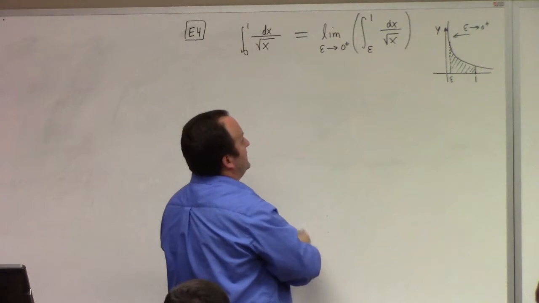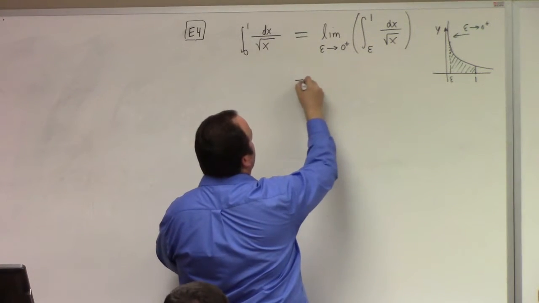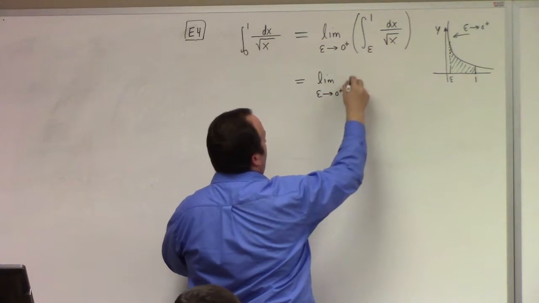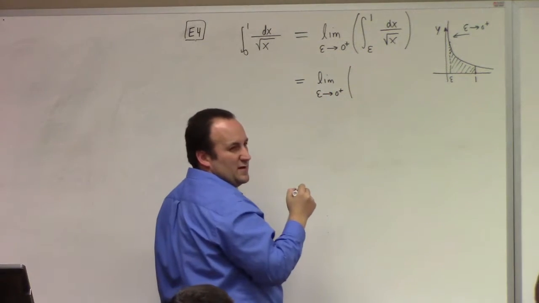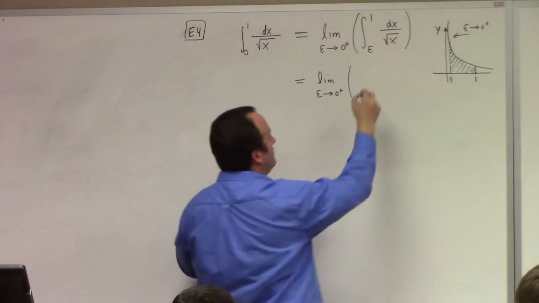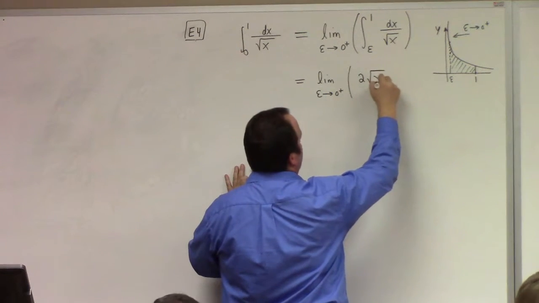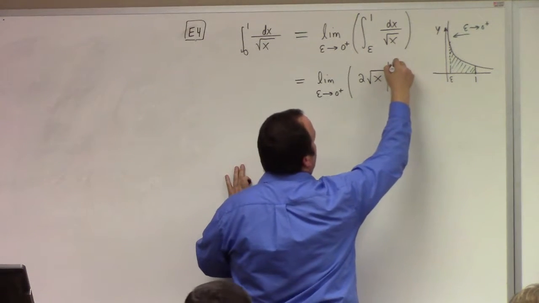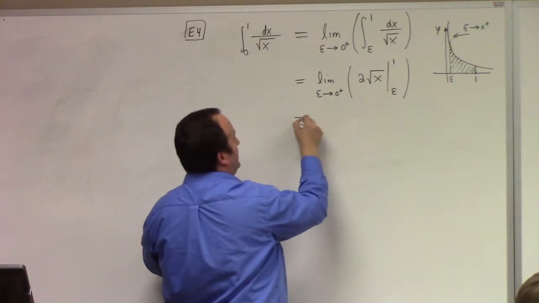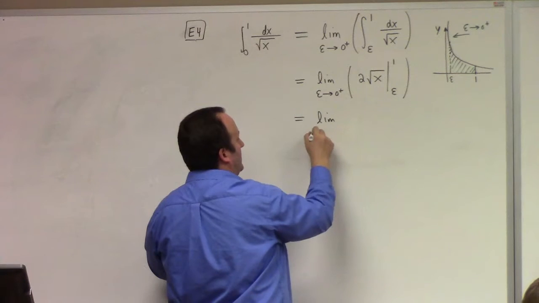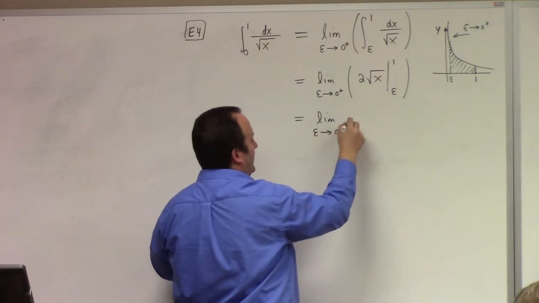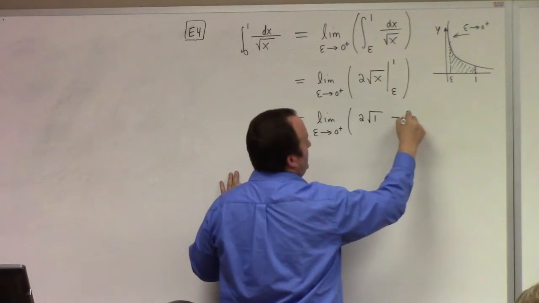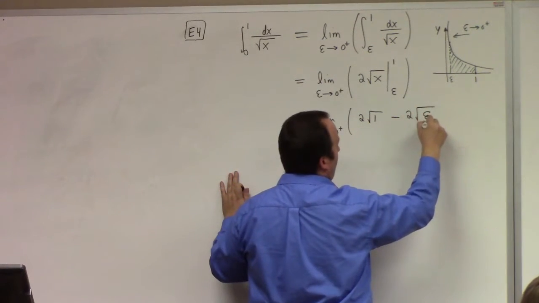Then we do the calculation. What's the integral of 1 over the square root? I think it's twice the square root, right? 2 times the square root of x, and I'll put an in-between step here. I have to evaluate from epsilon to 1. So that's the limit as epsilon goes to 0 from the right of 2 times the square root of 1 minus 2 times the square root of epsilon.